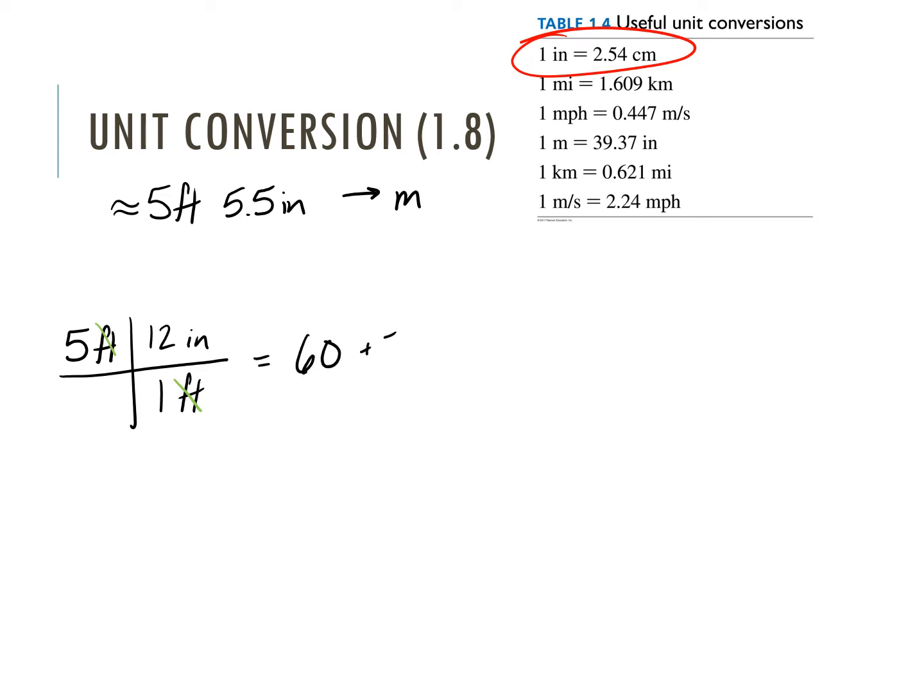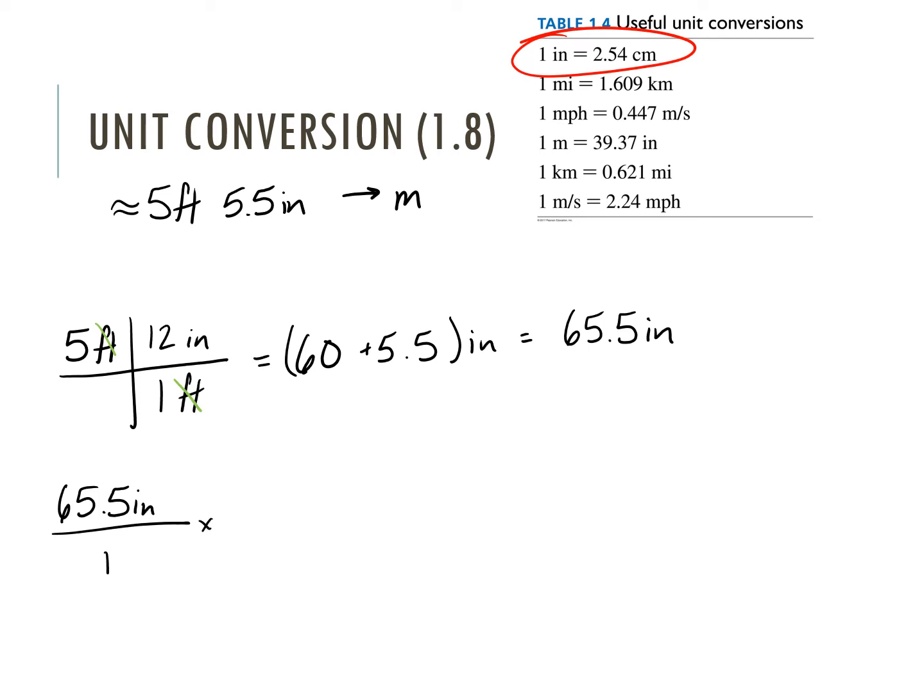I then need to add my 5.5. This is all in inches, so I'm roughly 65.5 inches. So now that I have my inches value, I'm going to go through and convert it to centimeters. So I'm going to have 65.5 inches. Another way that sometimes this format is written out is just using fractions.